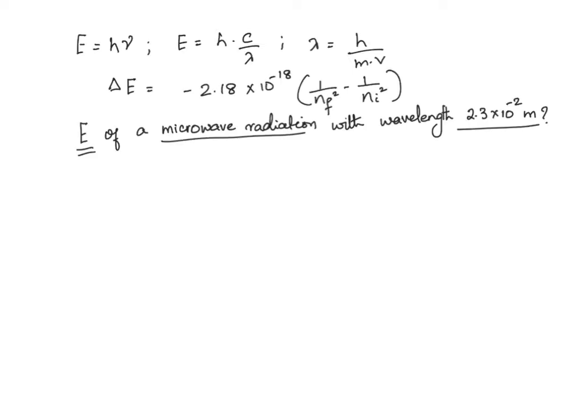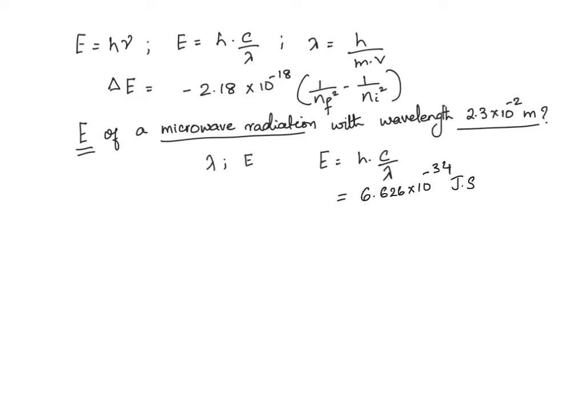So essentially you have to connect wavelength to energy. Wavelength is lambda, energy is E. What's the formula that's connecting wavelength and energy? E is equal to hc over lambda. So then 6.626 times 10 raised to negative 34 joules second.